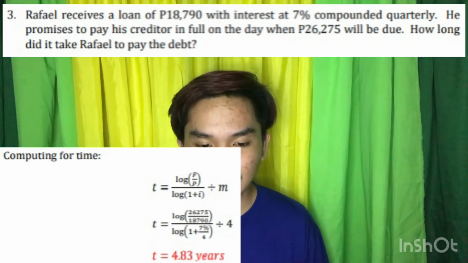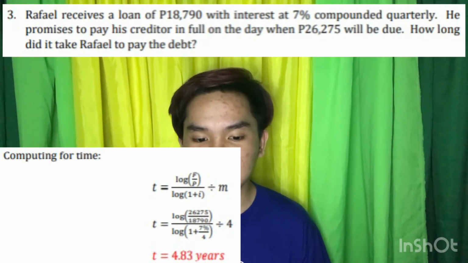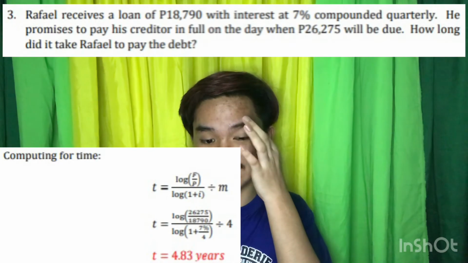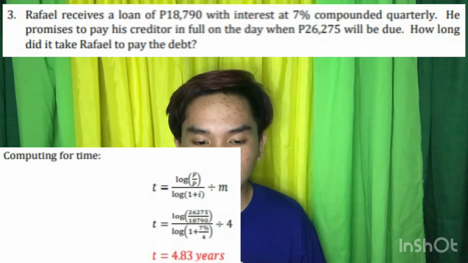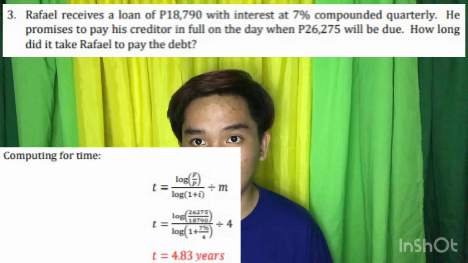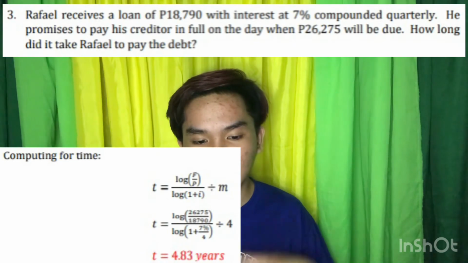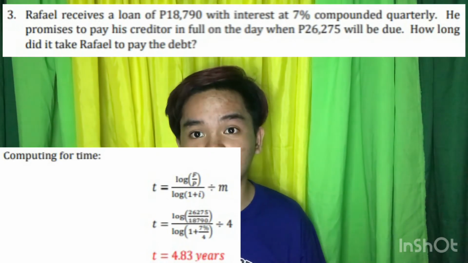So, 1 plus our interest rate is 7% over 4. Kasi nga, compounded quarterly ulit ang nangyari. So, we divide it to 4 as our M. So, our time para mabayaran ni Rafael yung kanyang debt ay inabot siya ng 4.83 years.